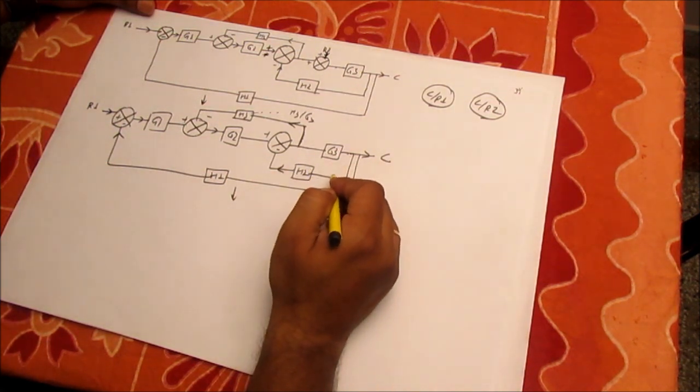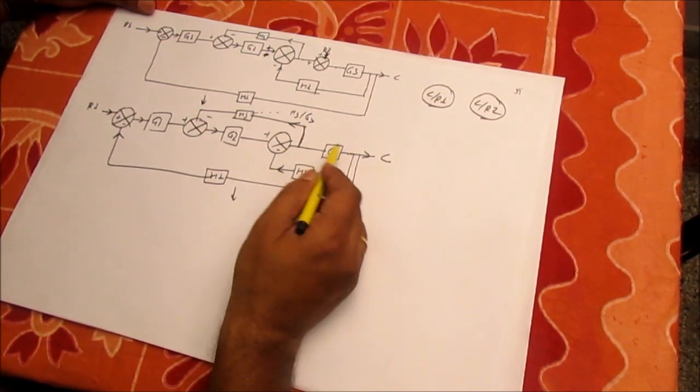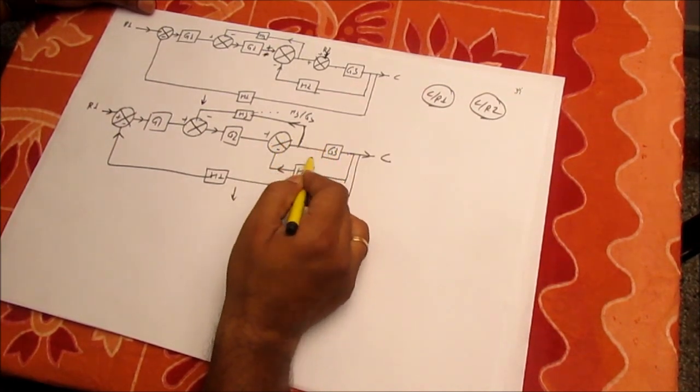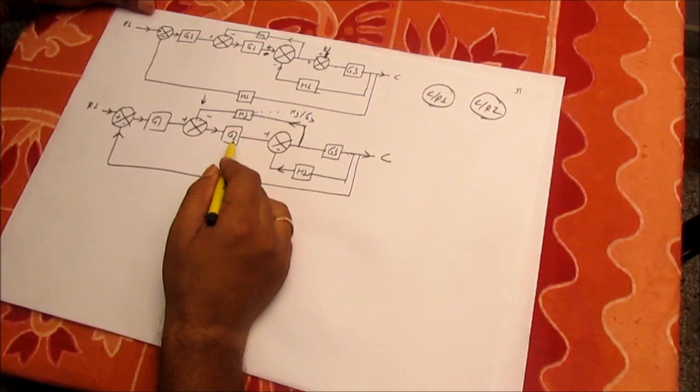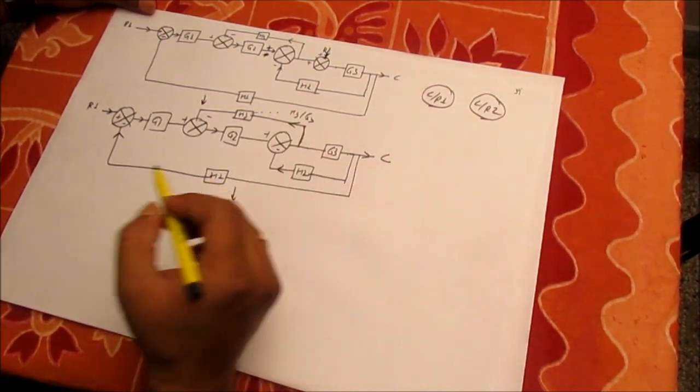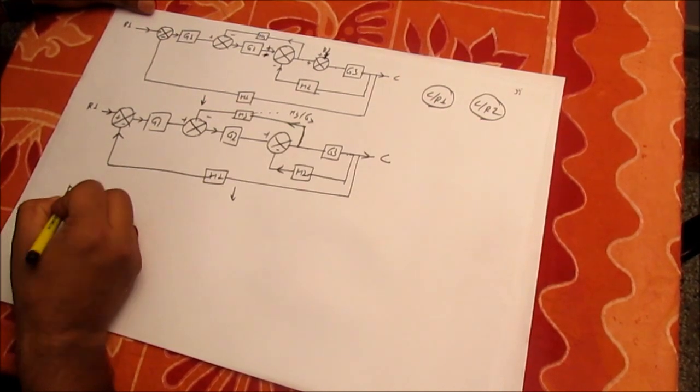H2 into G3. Then as this point is here, and I have this single block, and this block is in series, I can multiply this G2 and this. So I will redraw this diagram here.